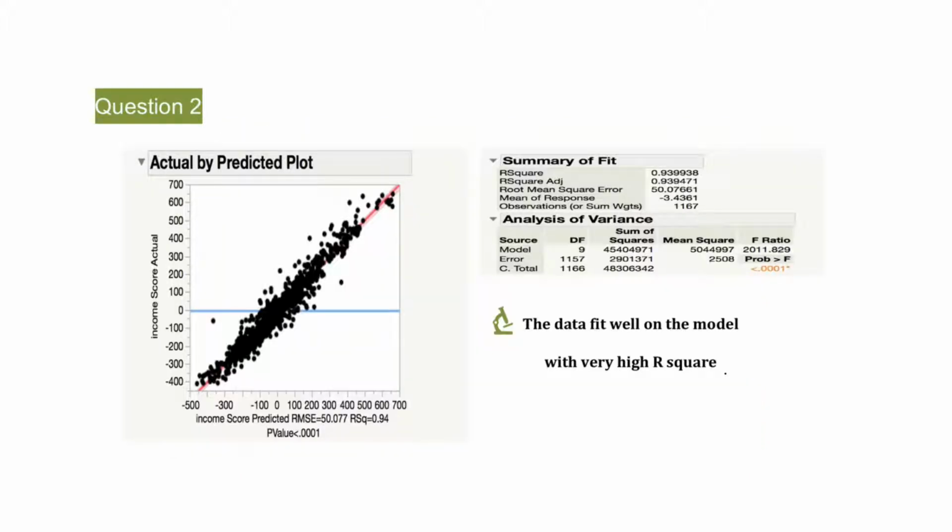To further confirm our analysis, we did a regression analysis. We can see that the data have a good fit on the model and R-square is 0.94. That is very high, which means the data fit well on the model.